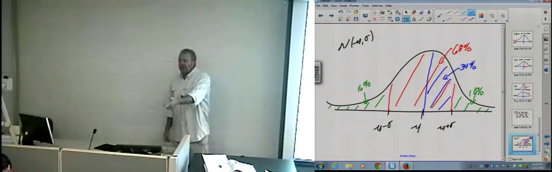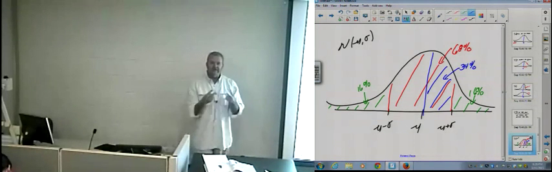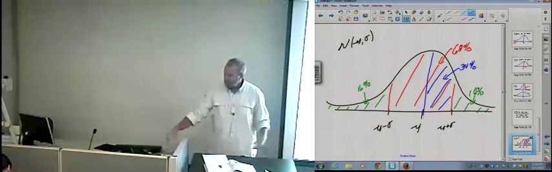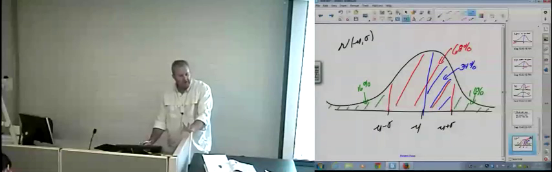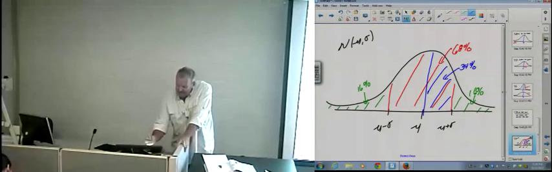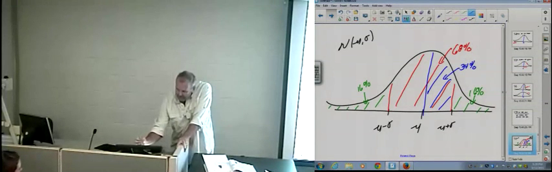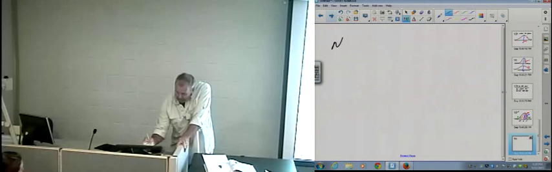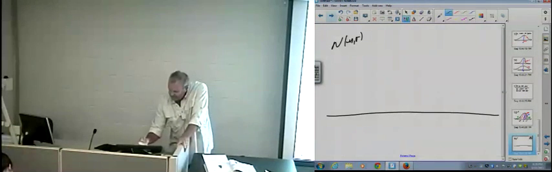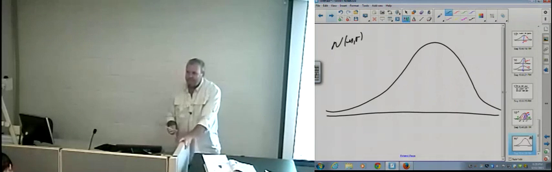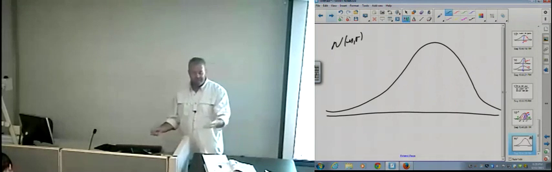Now, I would like to do the 95 part also, because that's where you go 2 away. Okay? So, again, give me any normal distribution you want. Tell me what its mean is. Tell me what its standard deviation is. Then, if you're telling me that, it looks like this. I draw them all the same.